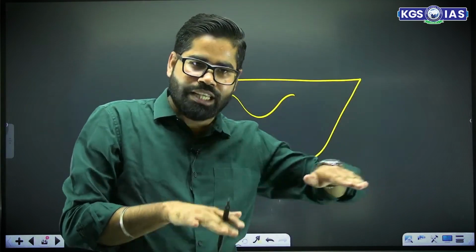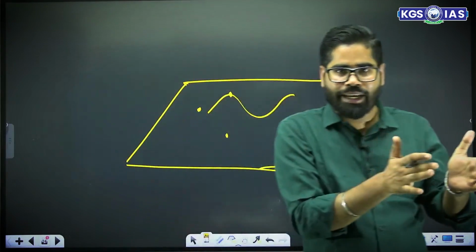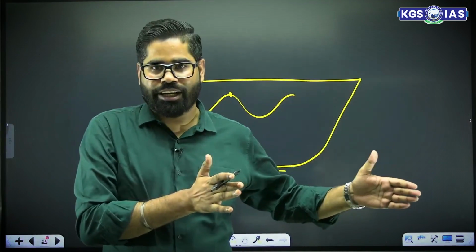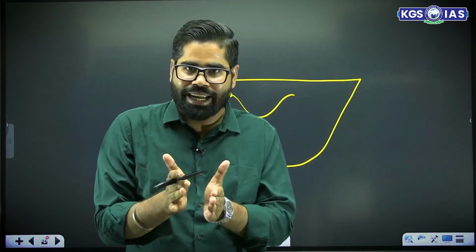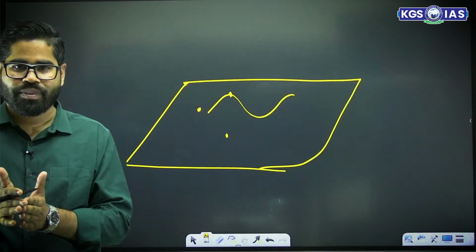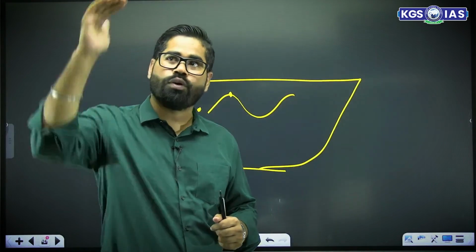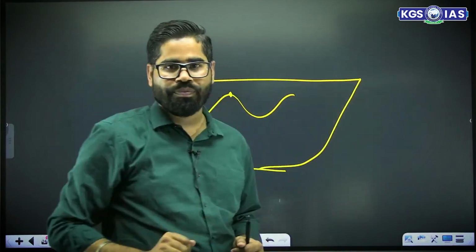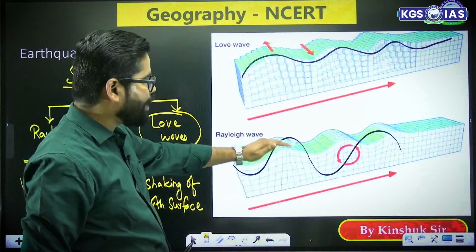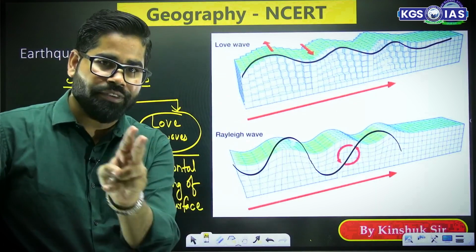If I am standing here and I move to this portion and then again to this portion, this is the horizontal shaking. Vertical shaking means the earth will go up and down. So here we have two different types of shaking, the Rayleigh waves and the Love waves. These are the two types of surface wave.